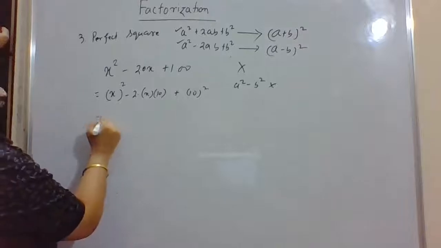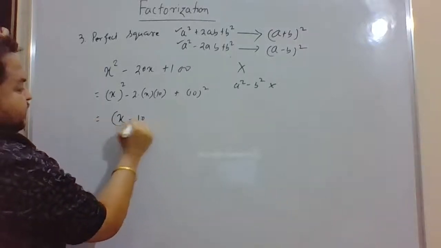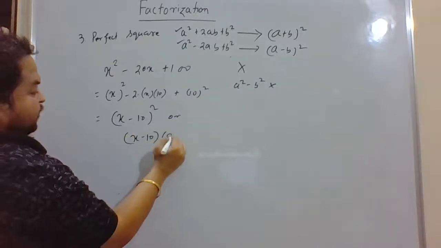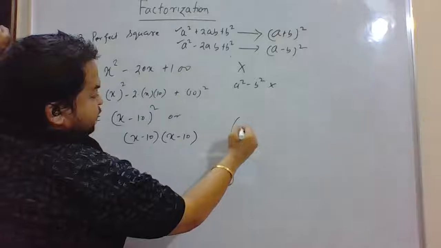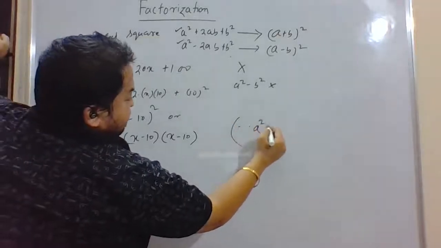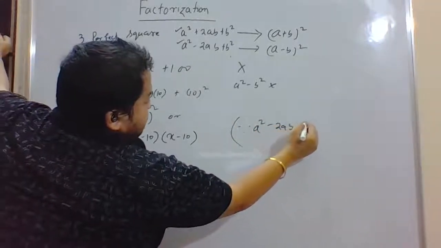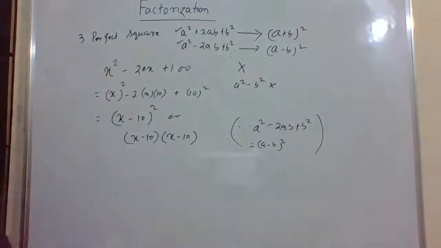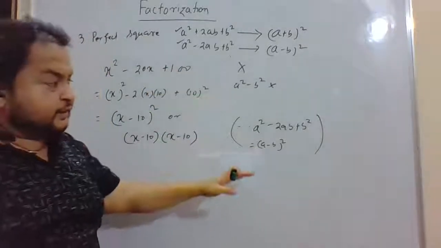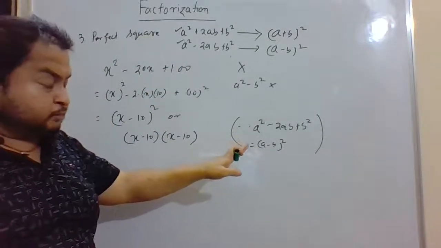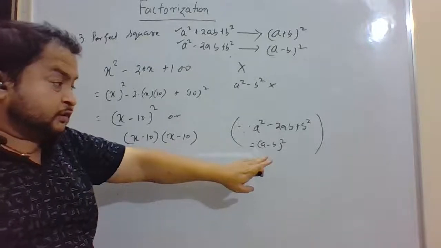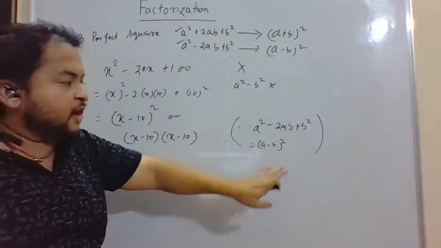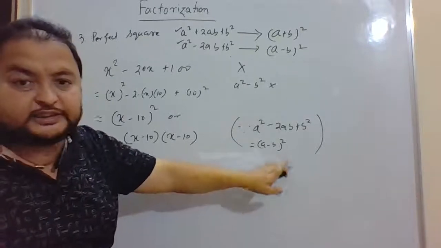So this is nothing but x minus 10 whole square, or x minus 10 into x minus 10, because a square minus 2ab plus b square equals a minus b whole square. And again, students, it is very important to write this one. Even if in your exam it's fine, I would encourage you to write the reasoning.